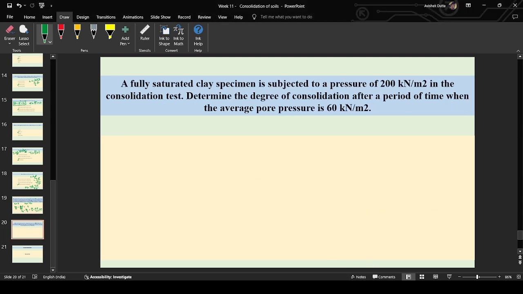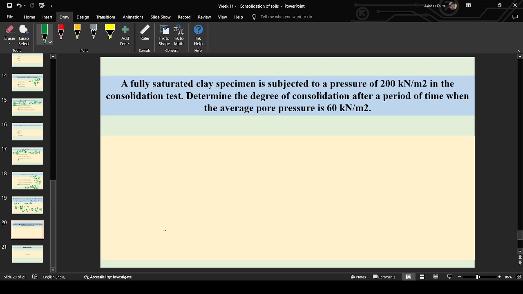So, any idea how to solve this? Yes, sir. We have a degree of consolidation formula. What is the formula? Tell me. Effective stress by total stress into 100. Correct, sir. What I told is correct only. It is the degree of consolidation. We know that.